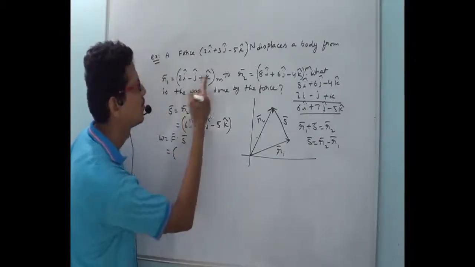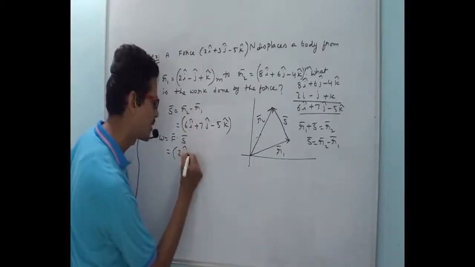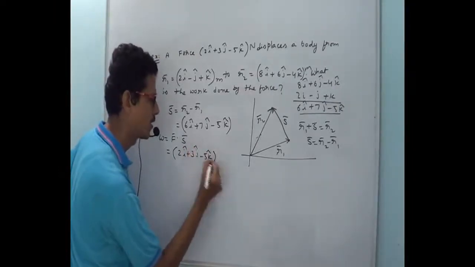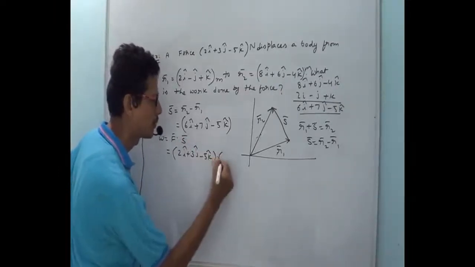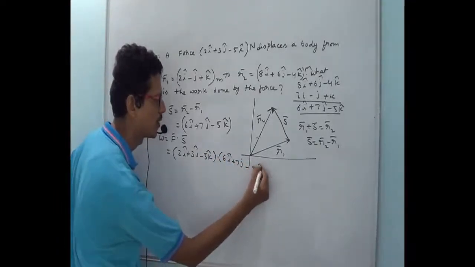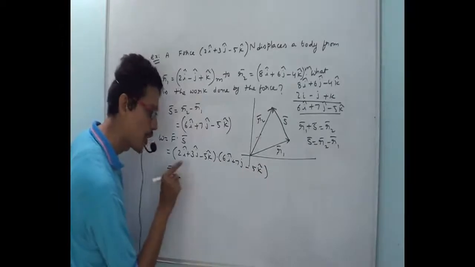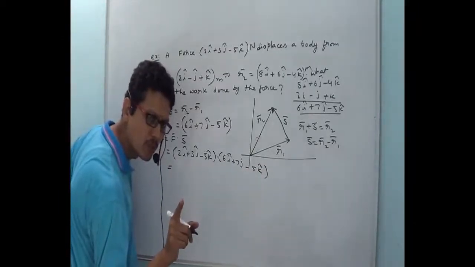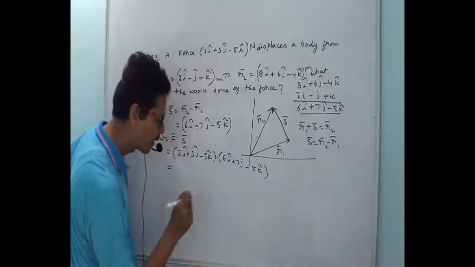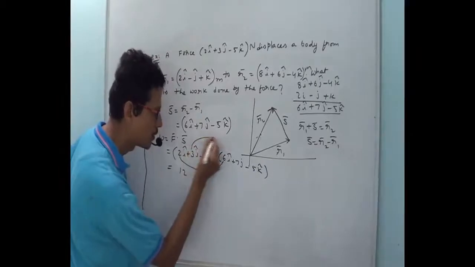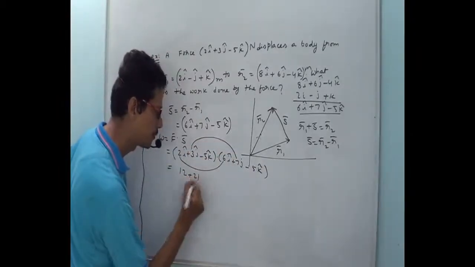Okay. Force is 2i plus 3j minus 5k dot displacement 6i plus 7j minus 5k. Dot product means you have to multiply the like components and add. What you have to do? Multiply the like components. 6 into 2, 12. 3 into 7 is 21.